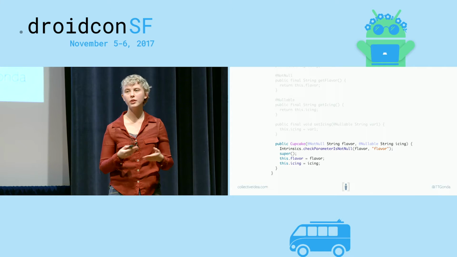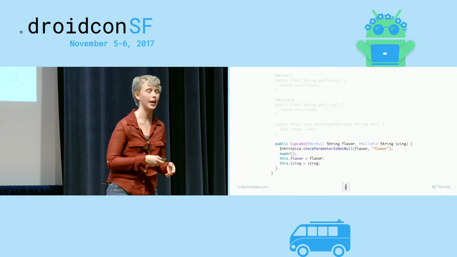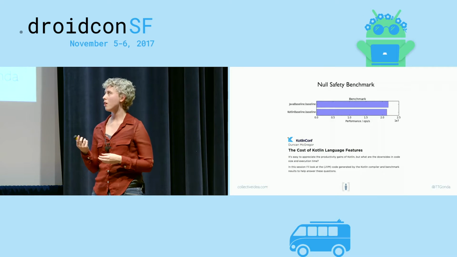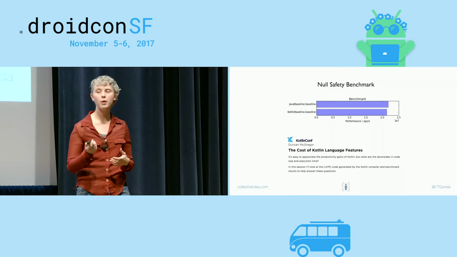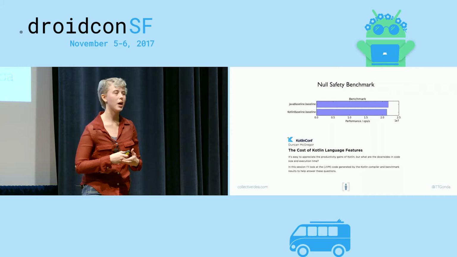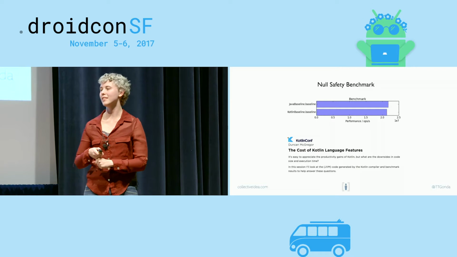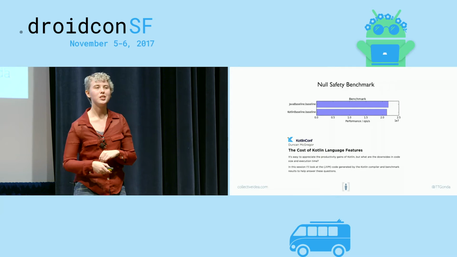And you may be wondering about the performance implications of this. There's an extra call in there. You might not want that. But overall, there isn't much of a performance loss for this. This is a benchmark that was given by Duncan McGregor at Kotlin Conf. You can see that there's hardly any difference in those bars.